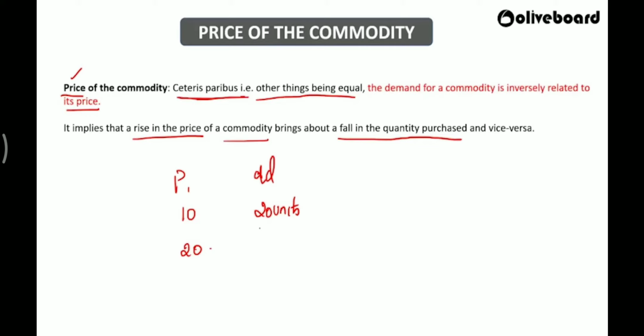Earlier, when onion prices were 10 or 20 rupees per kg, we used to buy onions in kgs, 2 kgs, 3 kgs, and we used it for all purposes, right? But when the price of onion shot up to 80, 100, 120 rupees per kg, we stopped buying in kgs.